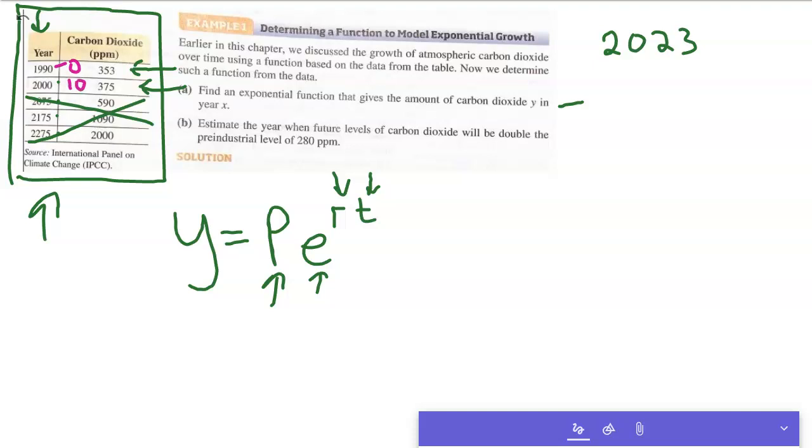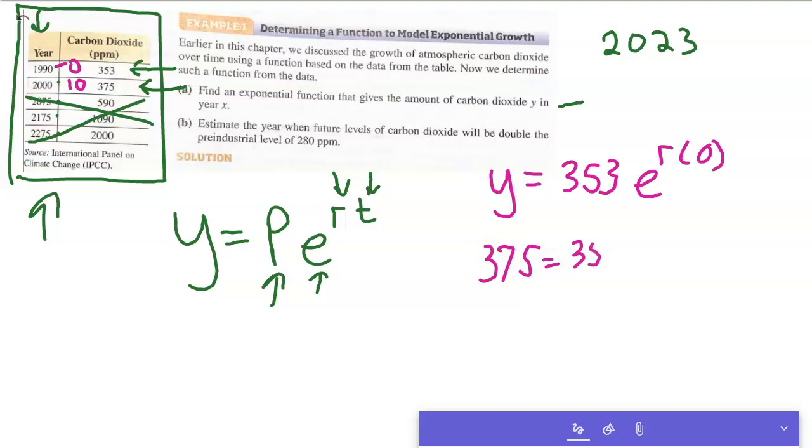So our equation with 1990 would be y equals 353 e to the r times 0, so that's our initial amount. If we go to the next one, which is 10 years and 375, then 375 equals 353 e to the r times 10.